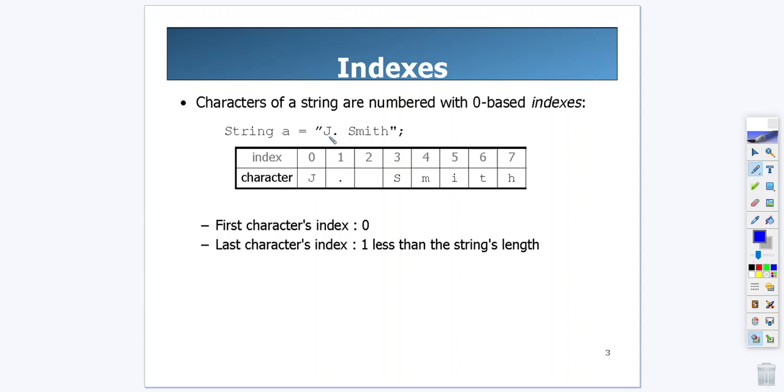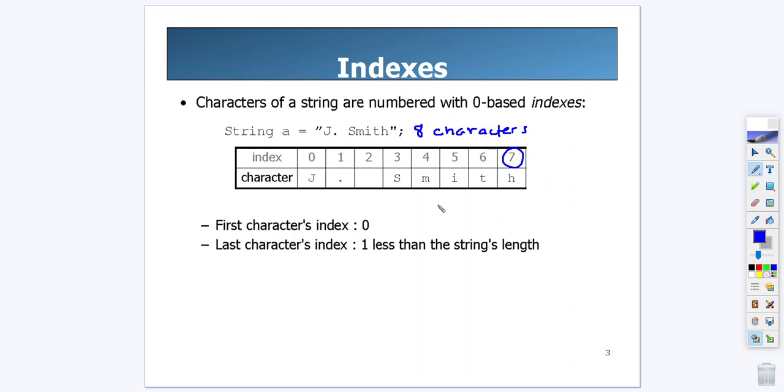So in the string "J. Smith", J is at the index of 0, and the last character, h, is at the index of 7. This is a total of 8 characters. You'll notice that the 8th character has an index position of 7.